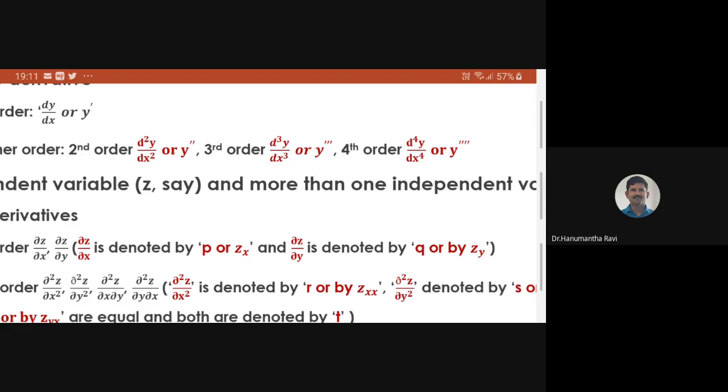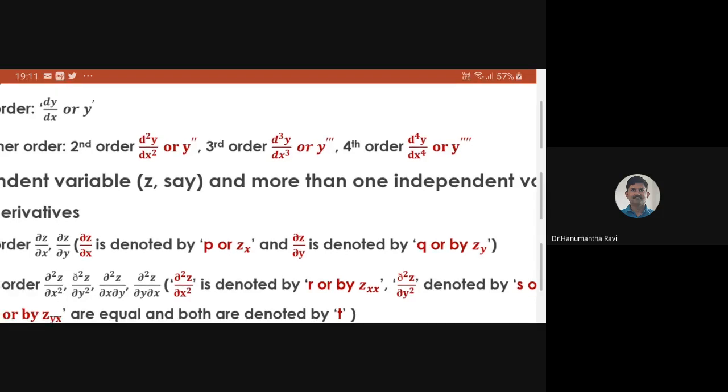The convention usually followed in GATE questions is that dou z by dou x is denoted by small p or z subscript x, and dou z by dou y is denoted by small q or z subscript y.